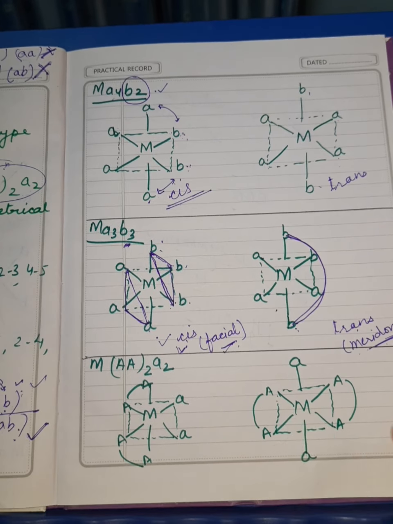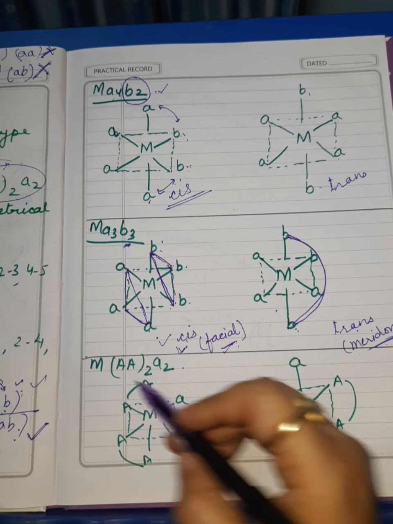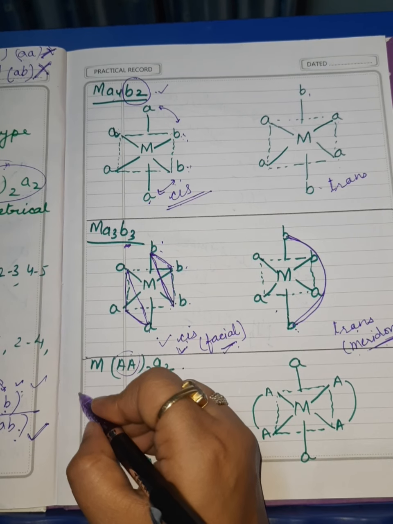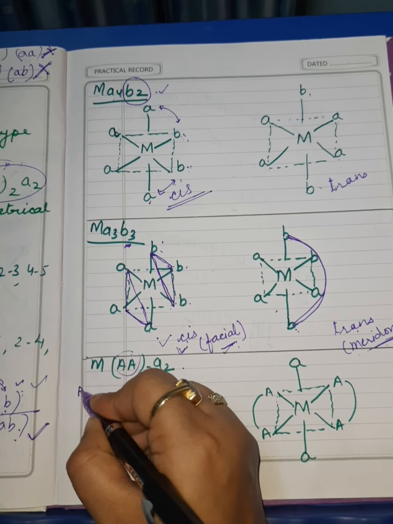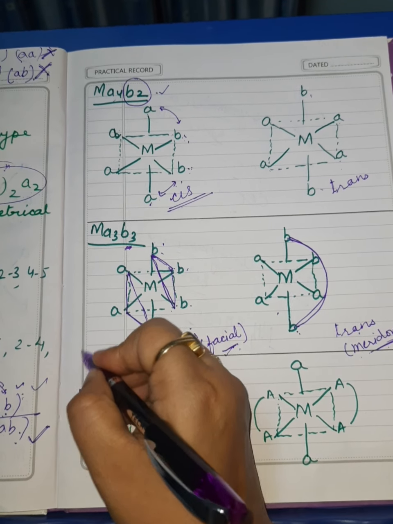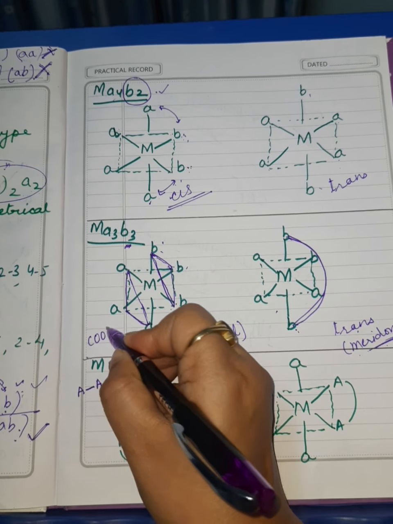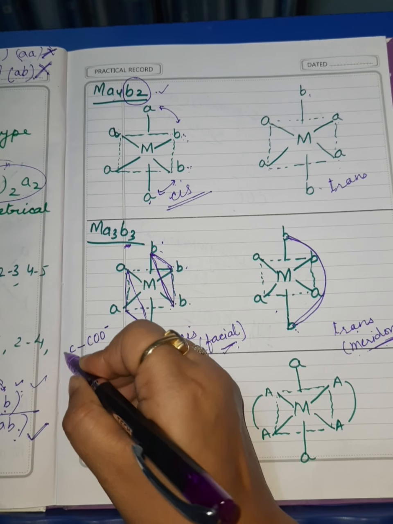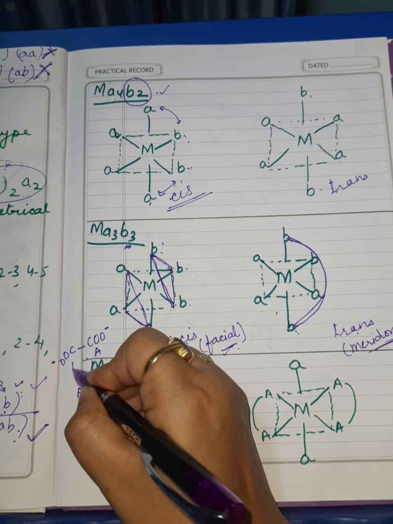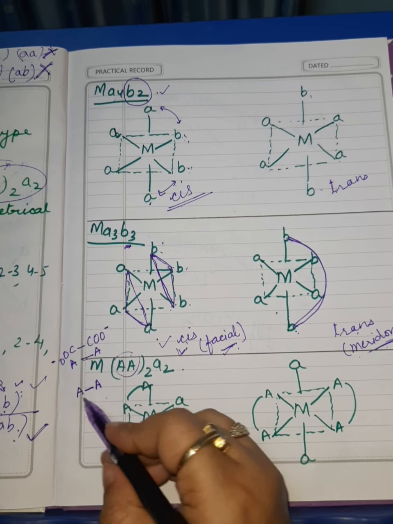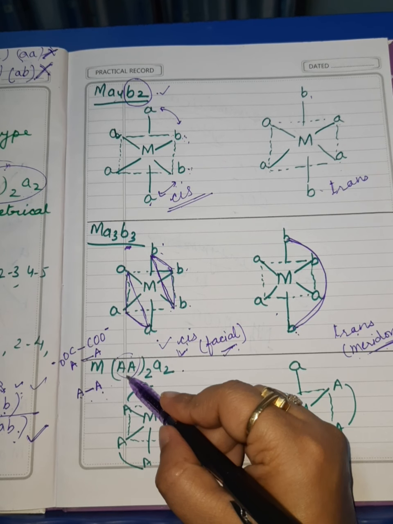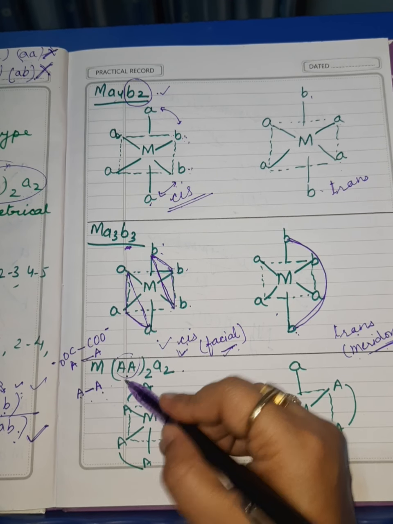Now coming on to M(AA)2A2. AA means a symmetrical bidentate ligand, which has 2 similar donor atoms, A bonded to A, like in case of oxalato, COO minus, single bond COO minus. This is A, this is A. So A single bond A, I am representing a symmetrical bidentate ligand.